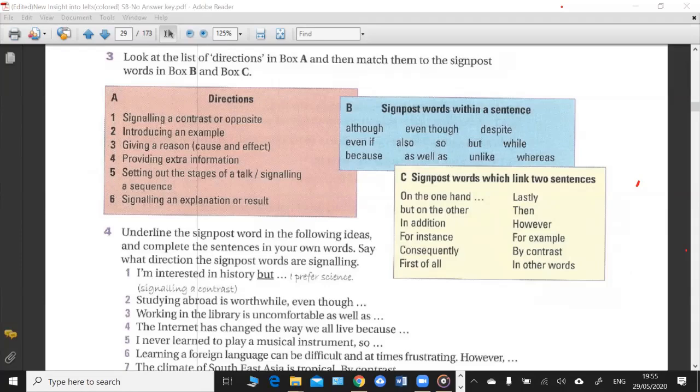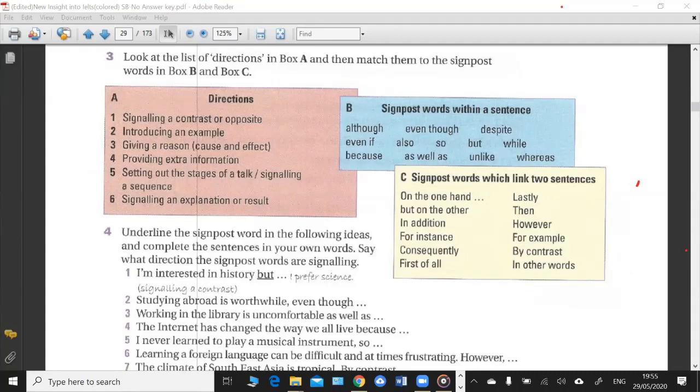These are opposing ideas. Okay, number 2, introducing an example. Also, for instance, for example, yes. For instance, for example, that's right.